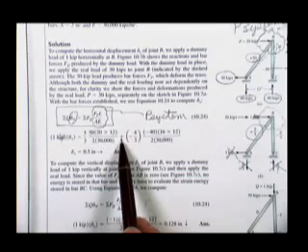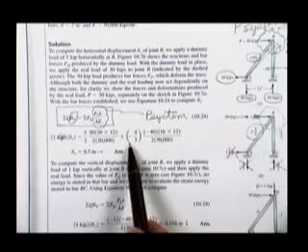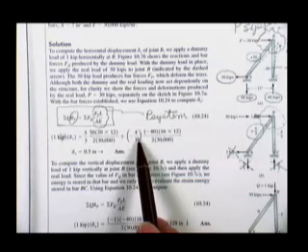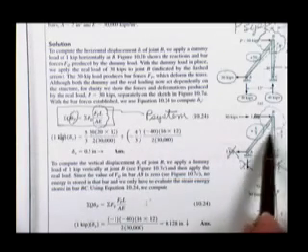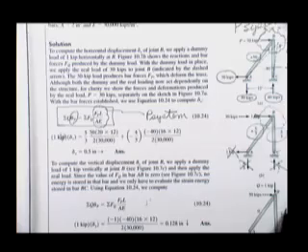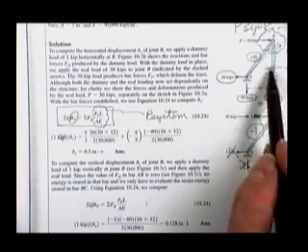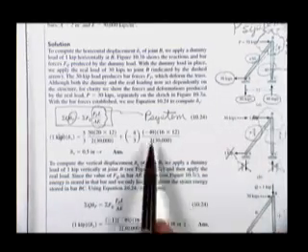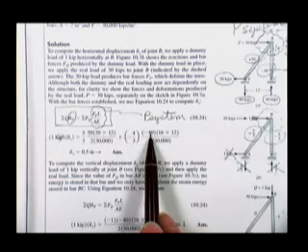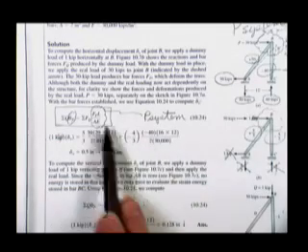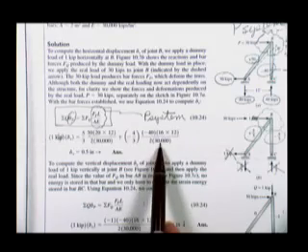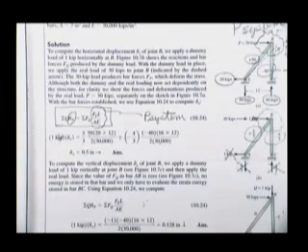Then you get some deflection due to the 4/3 in this member and the minus 40 in that member. There's your minus 4/3, there's your minus 40. L over AE, L over AE, 1/2 inch.